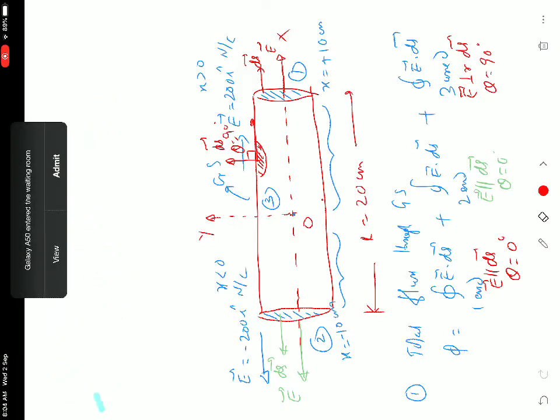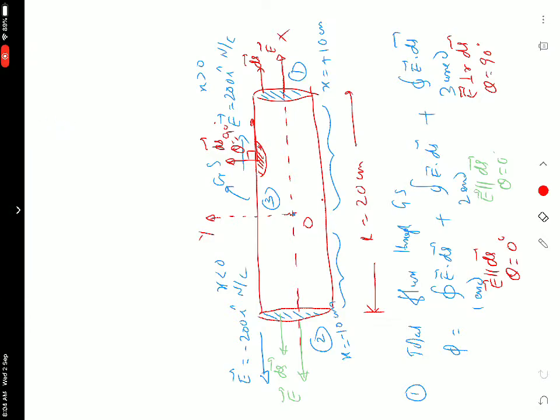So total flux phi is equal to closed integral E dot ds becomes E ds. This is over the first end face. Second one, closed integral E ds for the second end face, and curved surface, especially it is asked what is the flux through curved surface, it is given as 0, separately we are not calculating.